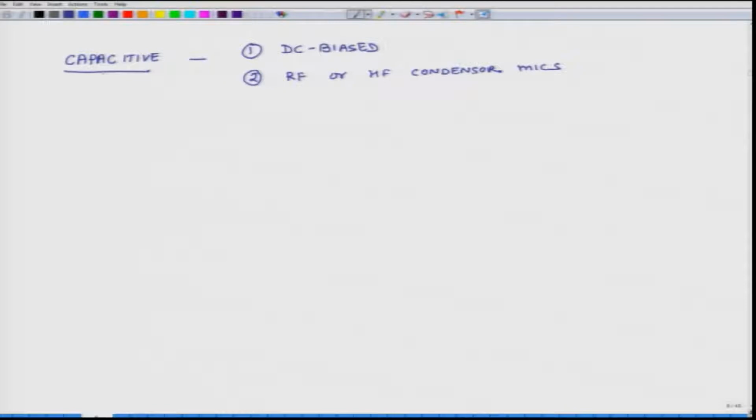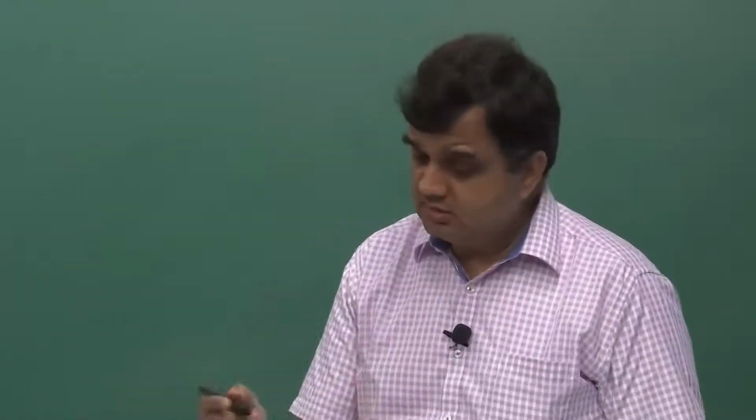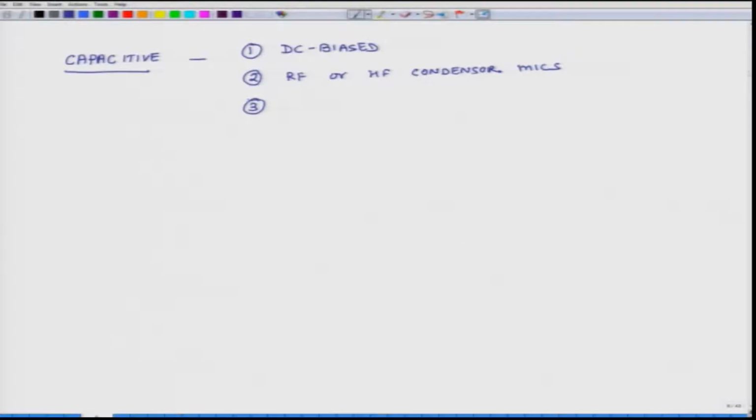These capacitive microphones are also known as condenser microphones, because a condenser is a capacitor, right. And the third one is electret microphones. There is a fourth category also, we will not talk about it, but at least you should know the name, valve microphones.